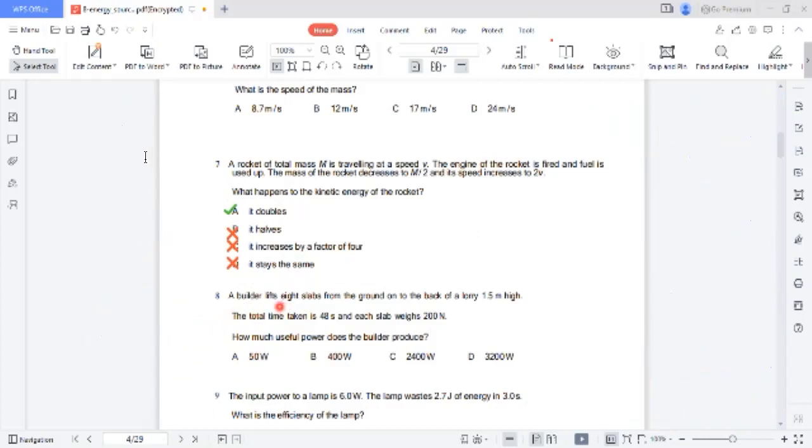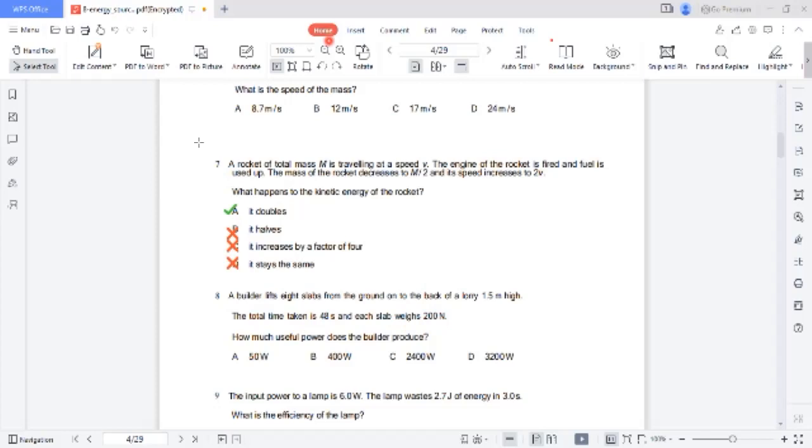A builder lifts 8 slabs from the ground on the back of a lorry 1.5 meters high. The total time taken is 48 seconds and each slab weighs 200 newtons.